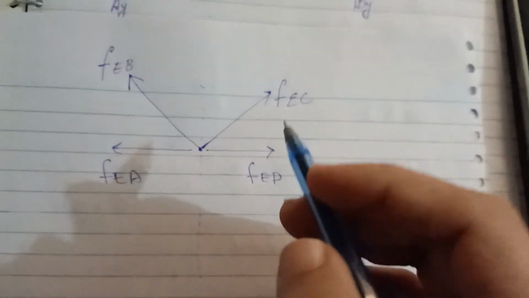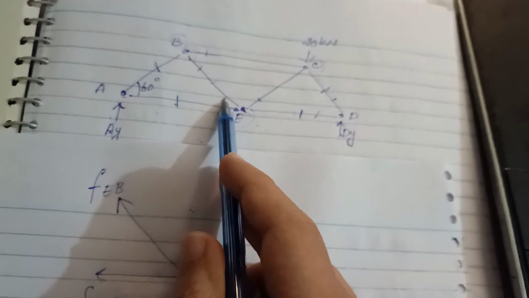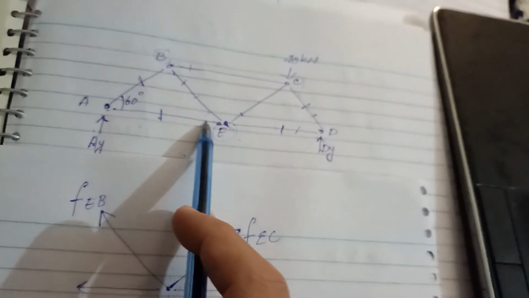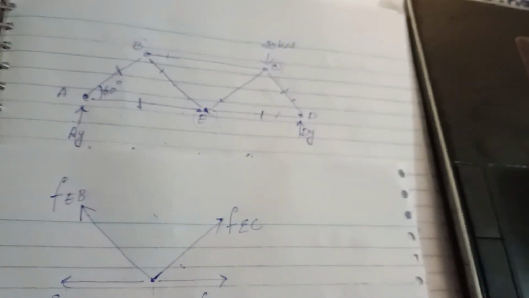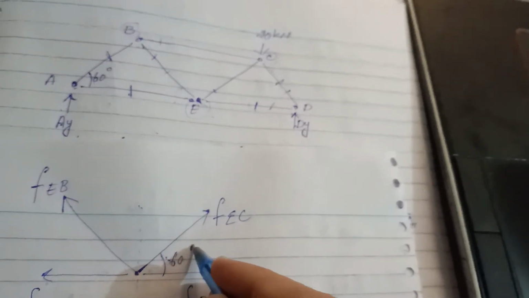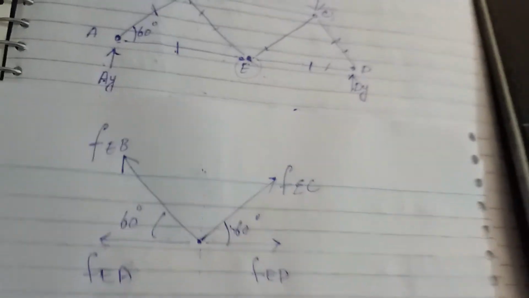Now see, what is this angle? This is also equal to 60, because this is your equilateral triangle. If this is 60, this should be equal to 60, and this should be equal to 60. So this is 60, this is 60, and this is 60.